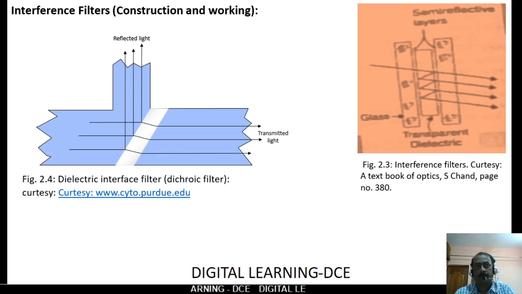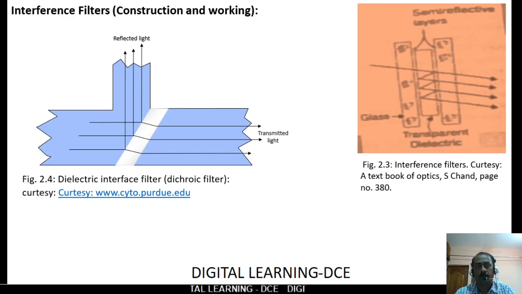We know that for normal incidence it is given by the formula 2 mu t equals n lambda. Here t is the separation of the plates, mu is the refractive index of the medium between the plates, and n is the order of maxima, that is n equals 1, 2, 3 and so on.